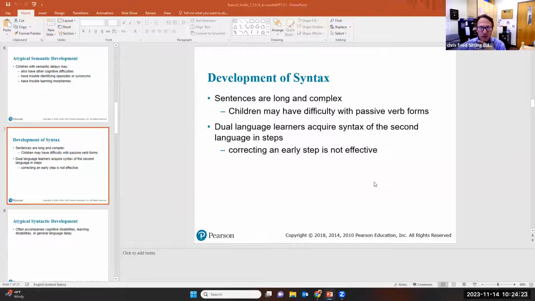Helping students correct an early step is not necessarily effective for dual language learners. Sometimes we want to help them along, but it's okay for them to make mistakes in this process.